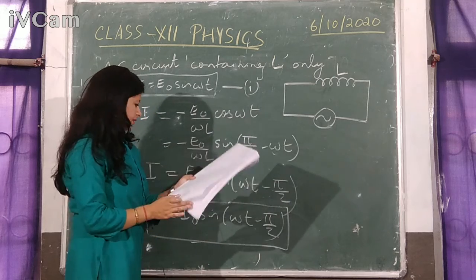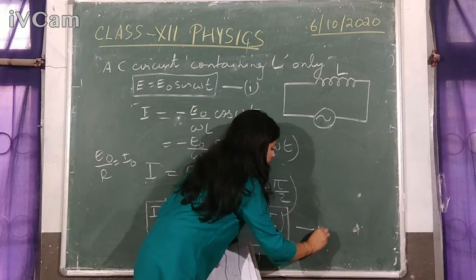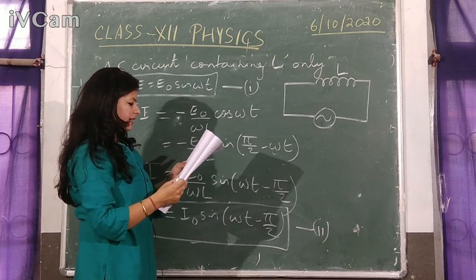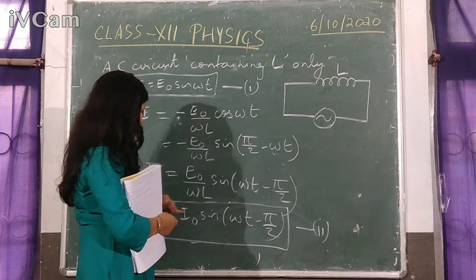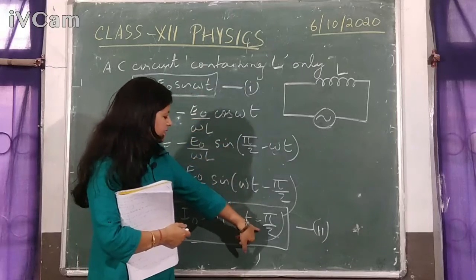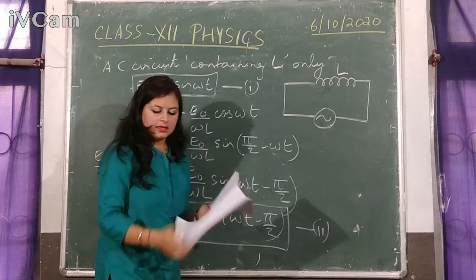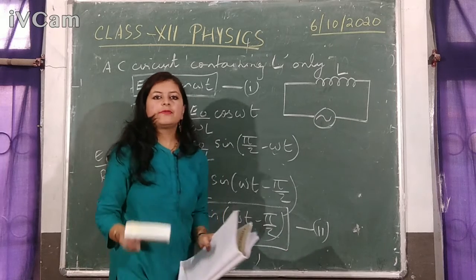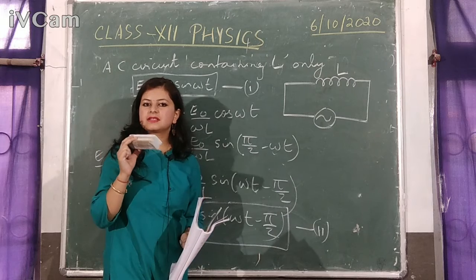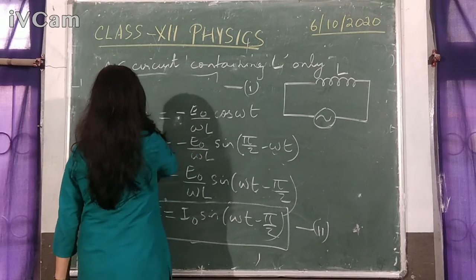The difference you can see between equation 1 and equation 2 is that the alternating current I lags behind the alternating EMF by a phase of pi by 2. This means that when the EMF has already reached the maximum value, the alternating current is just at the minimum value. That is the meaning of lagging behind.